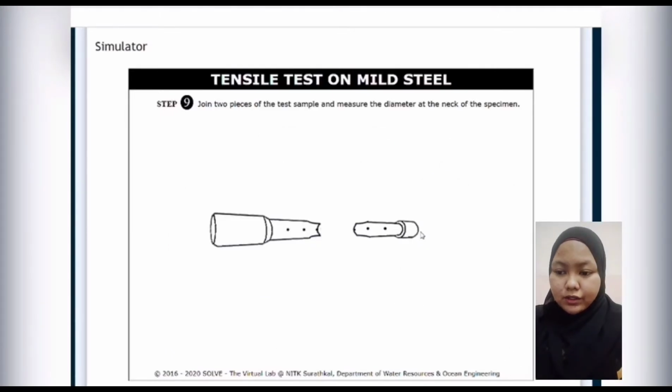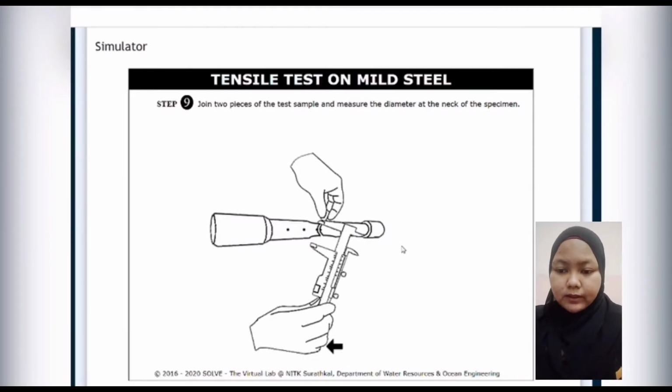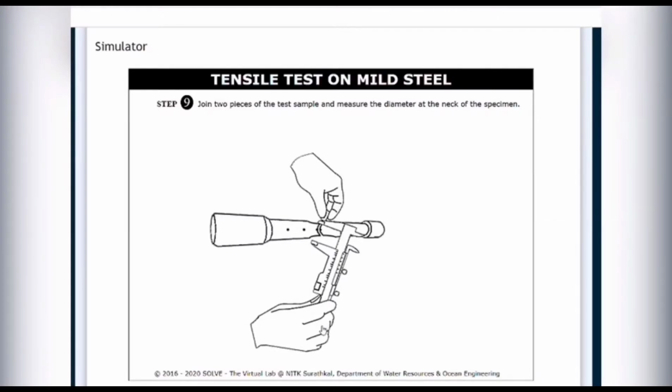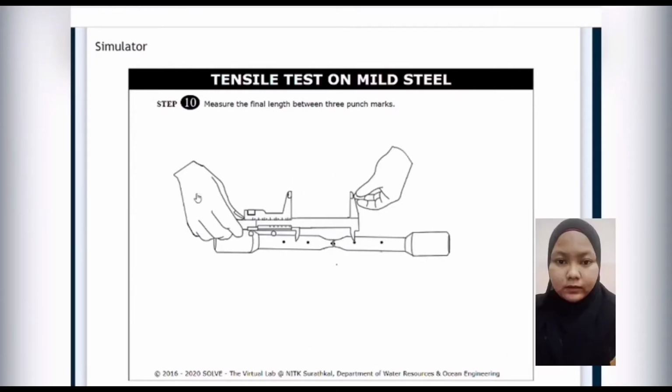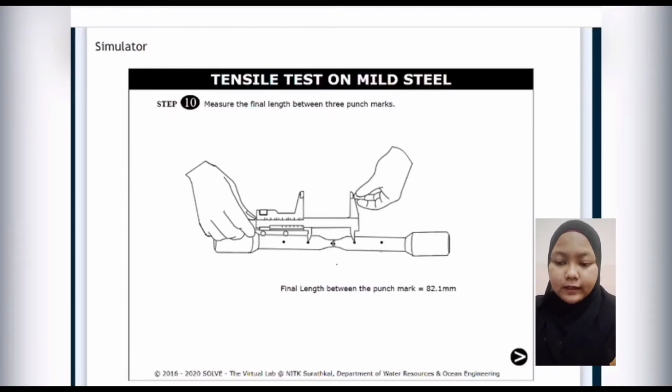Step 7. Join the two pieces of the test sample and measure the diameter at the neck of the specimen. Measure the final length between the punch marks.